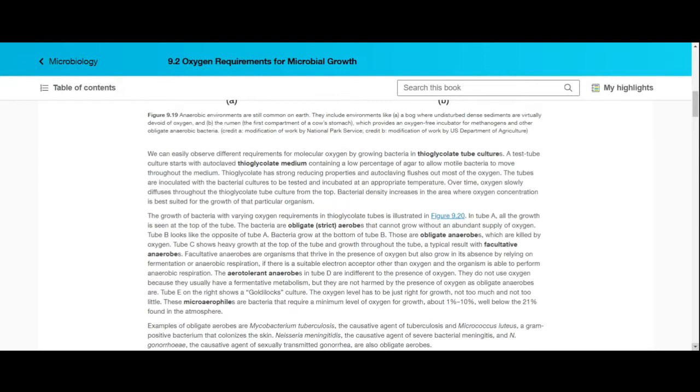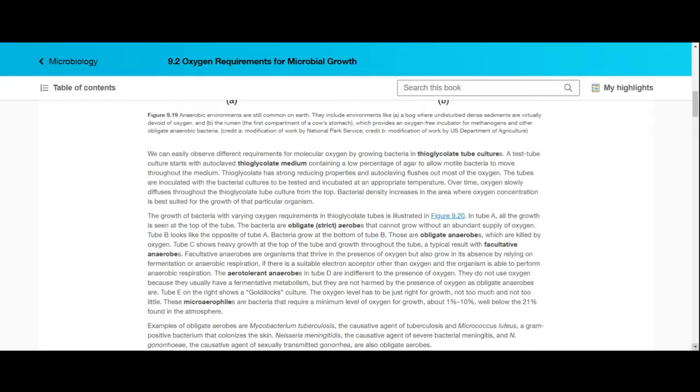They can switch over to a fermentation type or anaerobic metabolism. They can survive without oxygen, but it's not sustainable for a long period of time. So they prefer oxygen, but can do without it for short periods of time.